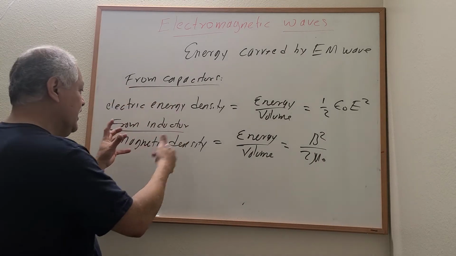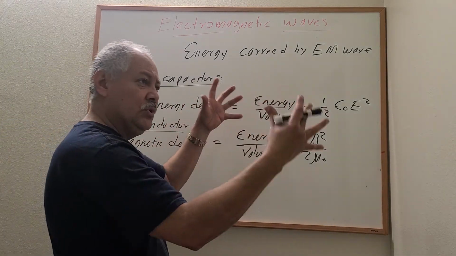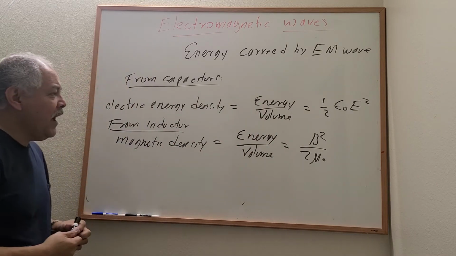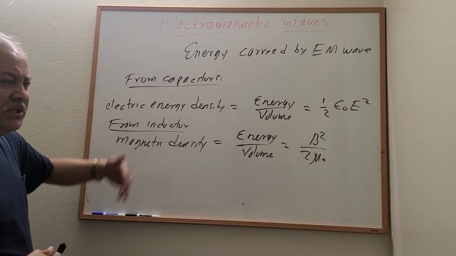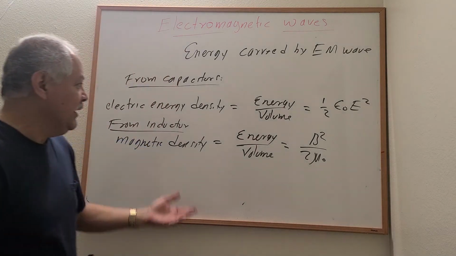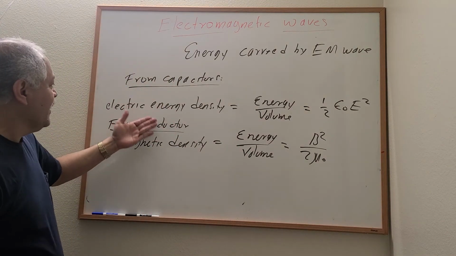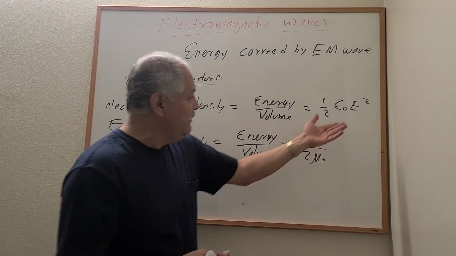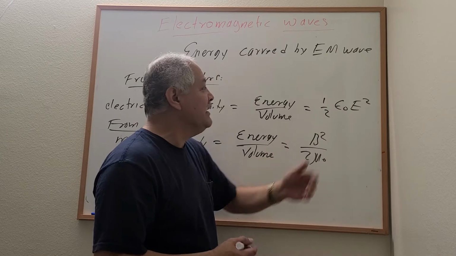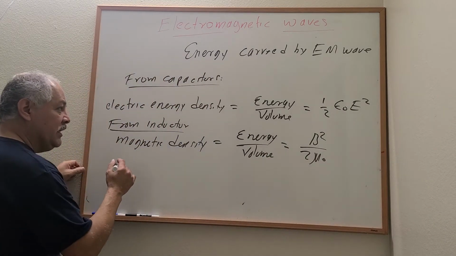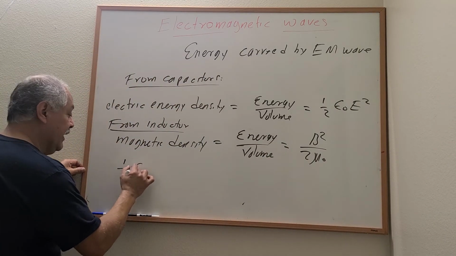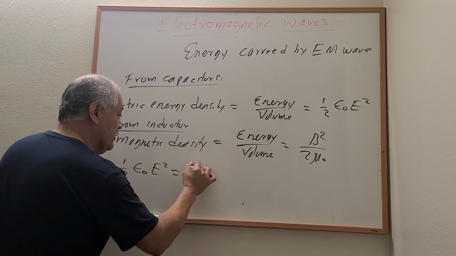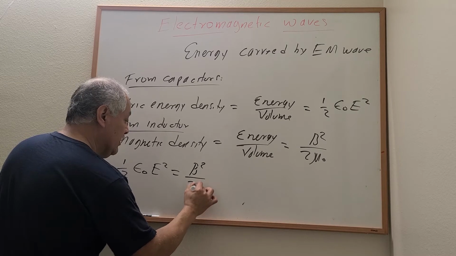When we have a circuit, the energy is transmitted through an inductor, and energy must be conserved. So because energy must be conserved, these two energy densities must be the same. In that case, 1/2 epsilon naught E squared must equal B squared over 2 mu naught.